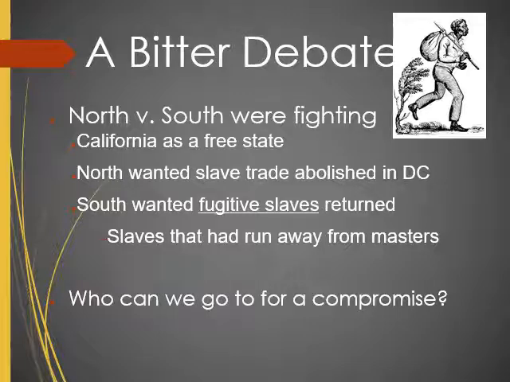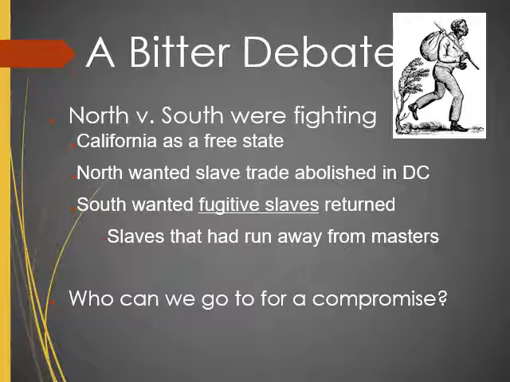And so this fight raged on for months and months, and the North and the South were fighting against each other. The North wanted California to join in and become a free state. And the North also, because of the reputation of the USA, wanted our capital city, Washington, D.C., to not have slave trade in it anymore. Those were the two big things that the North wanted.